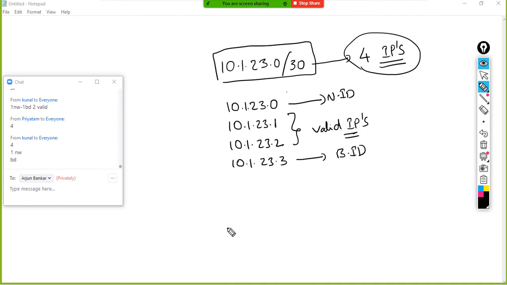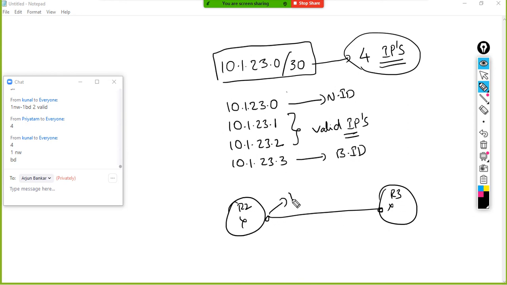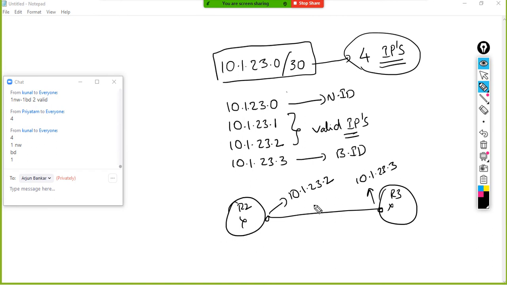Now you are saying that router 2 and router 3 are connected like this. Here you configure 10.1.23.2 and here you are saying 10.1.23.3. Are you agreed? But 10.1.23.3 is a broadcast ID.